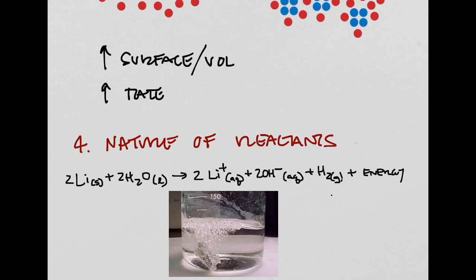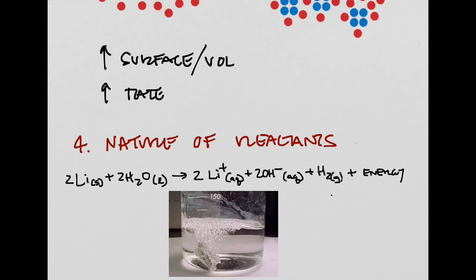So here I have a chemical equation showing the reaction that lithium has with water. And if you look at lithium, lithium is an alkali metal, sorry, not an alkaline earth metal. And so any of those metals will naturally form positive ions, and they're fairly reactive.